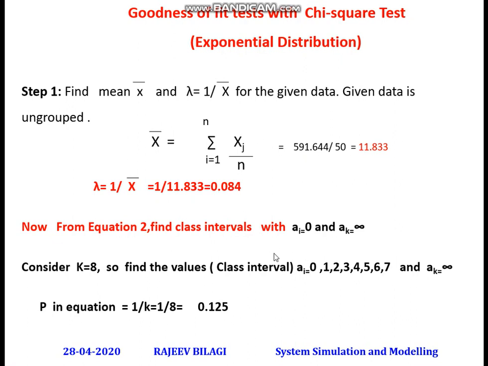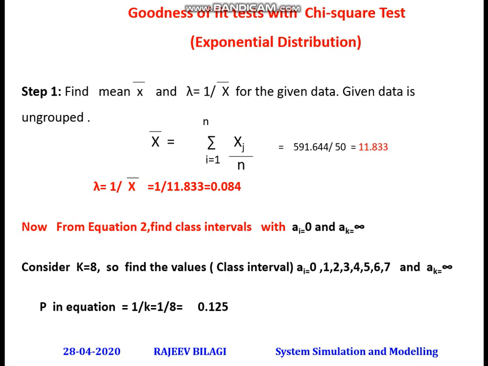Now to find the class intervals, as I told earlier, you have to consider a_0 equal to 0 by default and a_k equal to infinity. Now I have to take k equal to 8, that is the number of intervals is equal to 8.